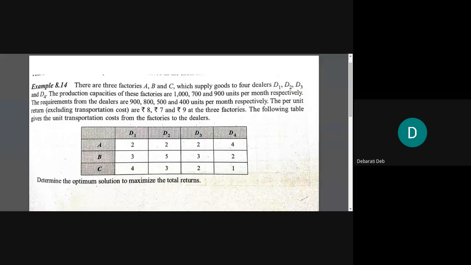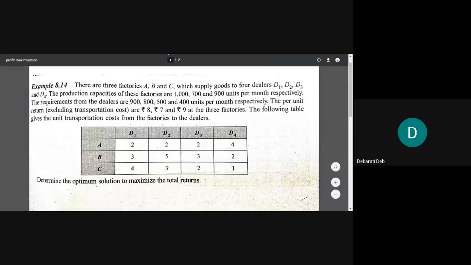In this problem, the ready-made table is not given. You have to formulate and then proceed. So you see, the requirements from the dealers are 900, 800, 500, and 400 units per month respectively.